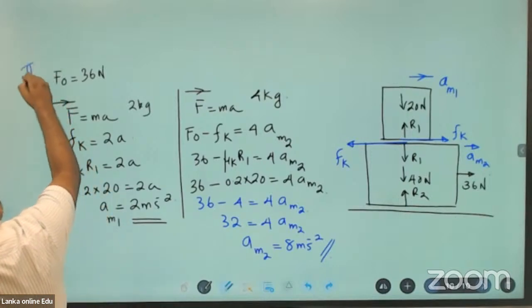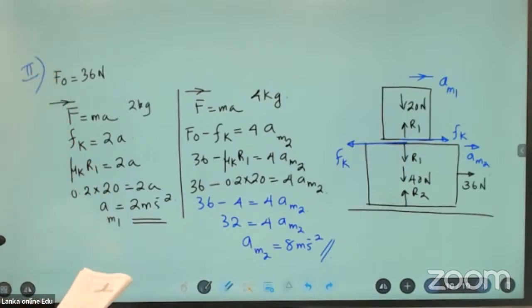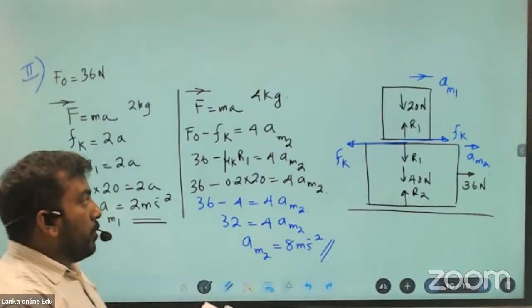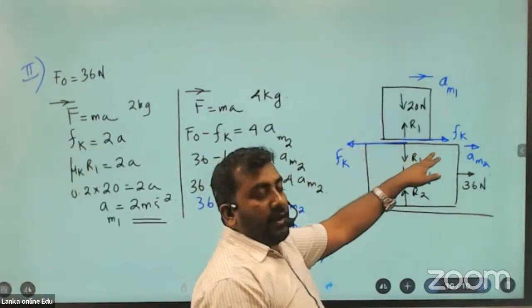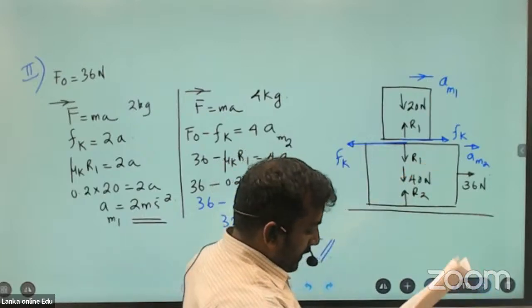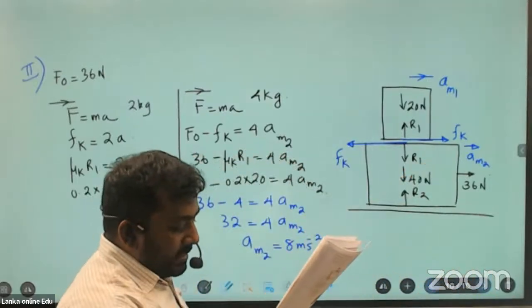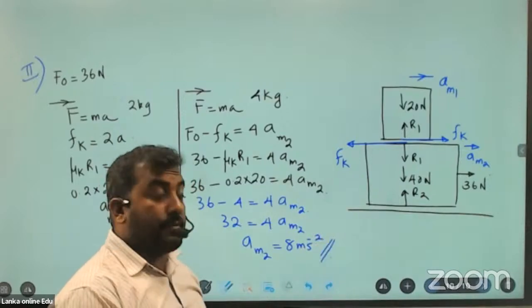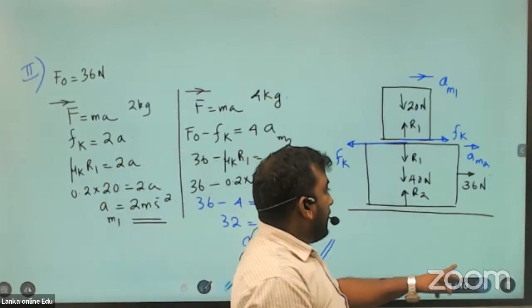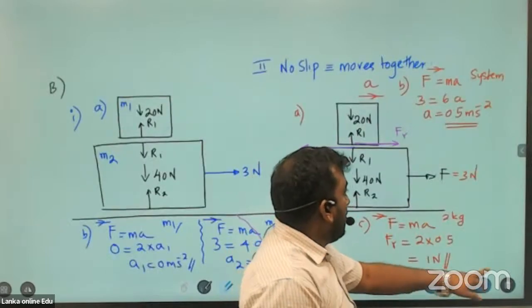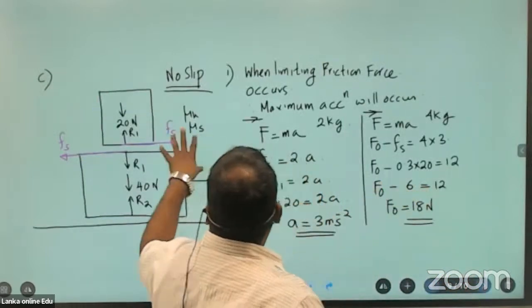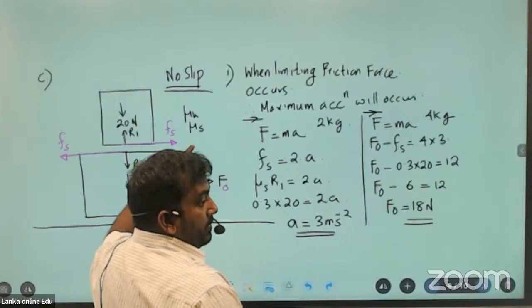So this is Roman 2. If the force is doubled, guaranteed, you have a dynamic friction. Now find the acceleration when F naught is half. F naught is 18 for maximum limiting friction.